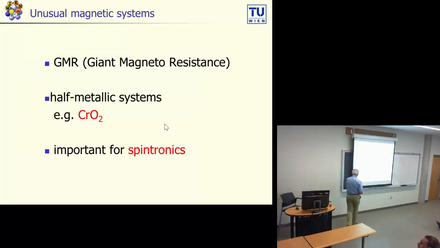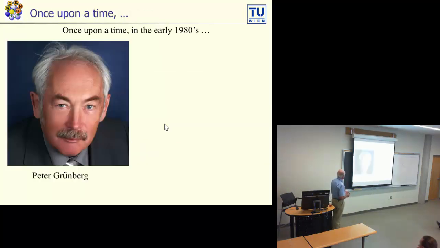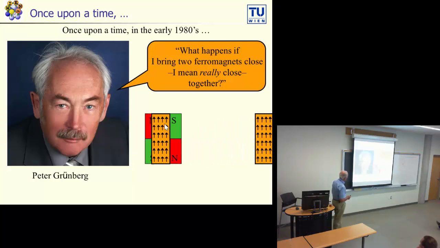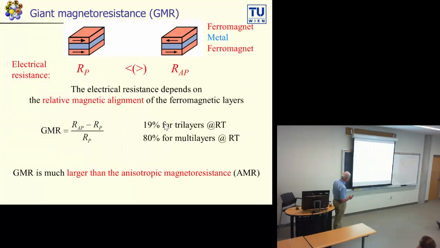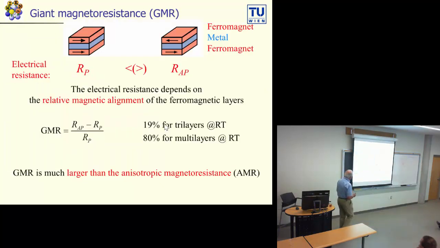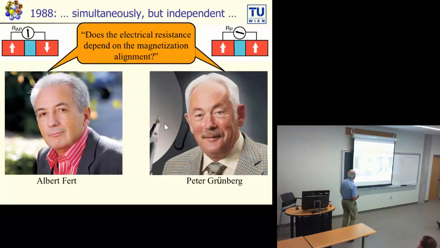Okay, let me quickly show you one more example, chromium dioxide, because I think there is also somebody here, Peter Grünberg, the Nobel laureate, with the giant magnetoresistance, and Albert Fert.